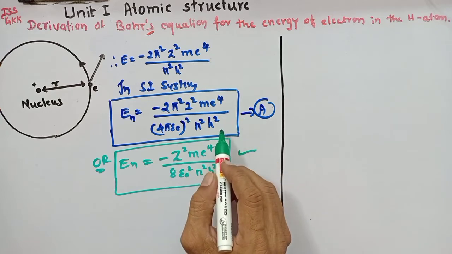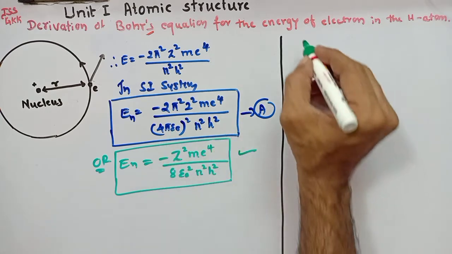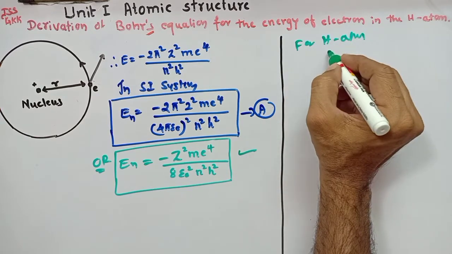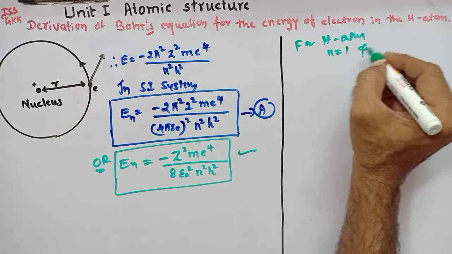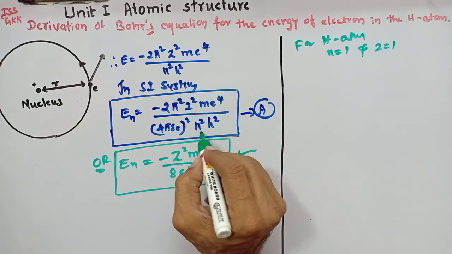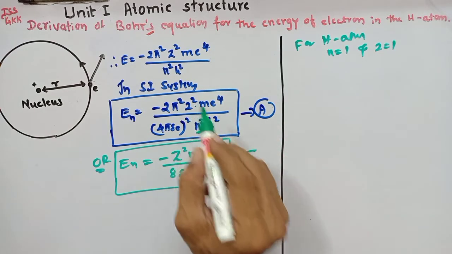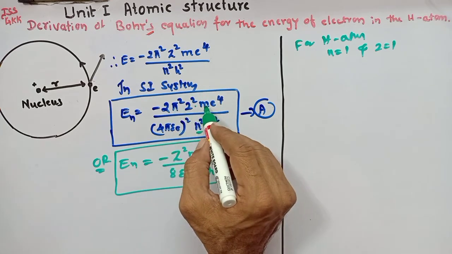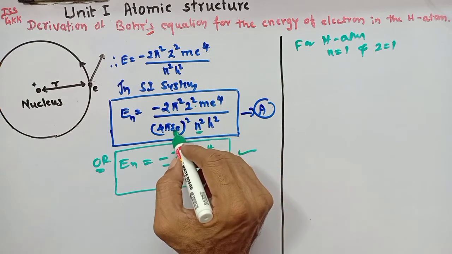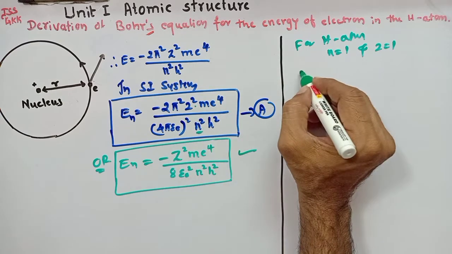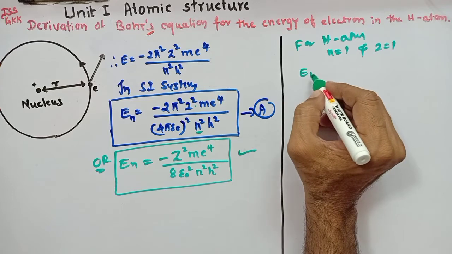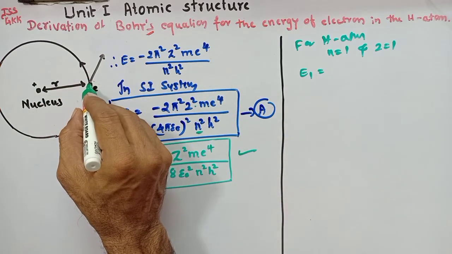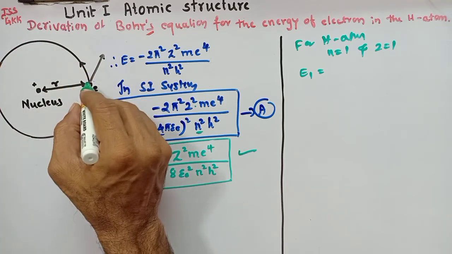Now for the hydrogen atom, n is equal to 1 and Z is equal to 1. If you put in all the remaining constant values, that means the pi value, the mass and charge of the electron, and the permittivity value, we end up with the energy of the electron present in the hydrogen atom, the only one electron, which is present in the first orbit of the hydrogen atom.